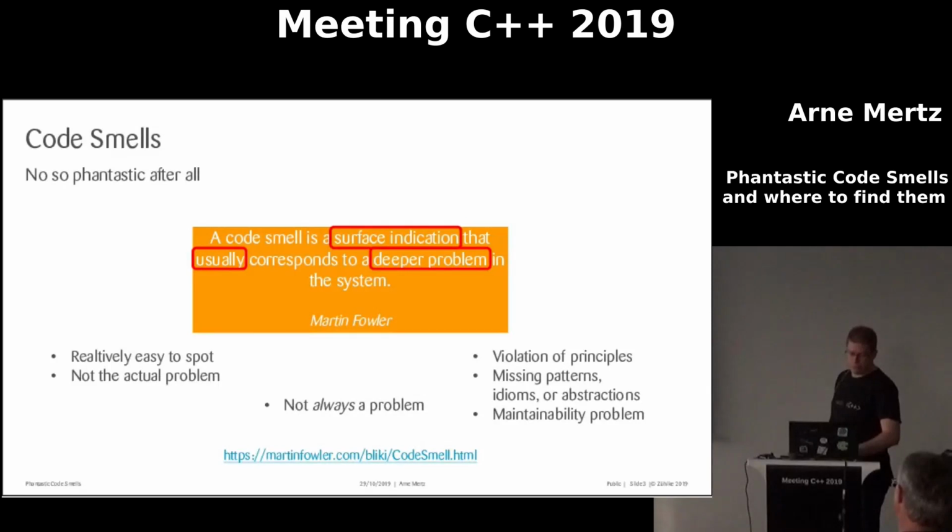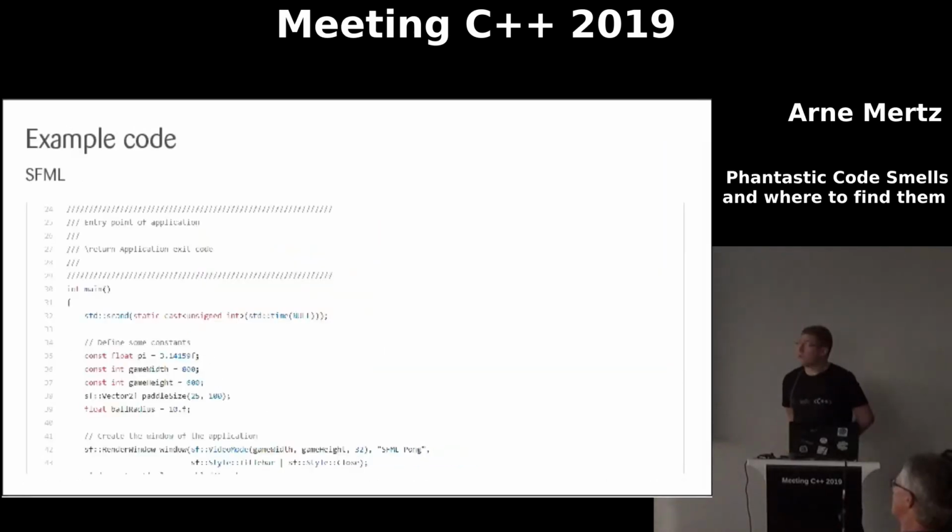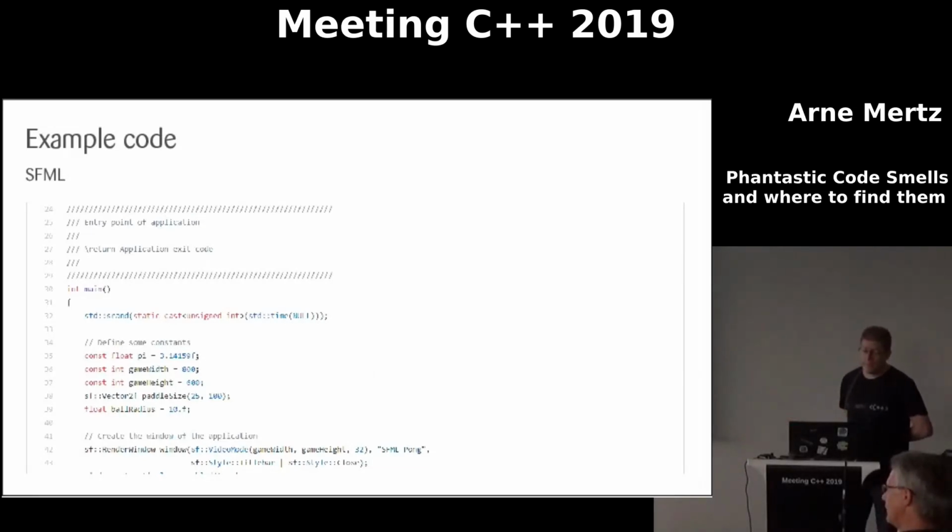So I've picked some example code from open source projects. This one is from SFML. It's a simple and fast multimedia library. You can find it on GitHub. And this is an example program where they show basically one example of how to use mostly the graphics parts.